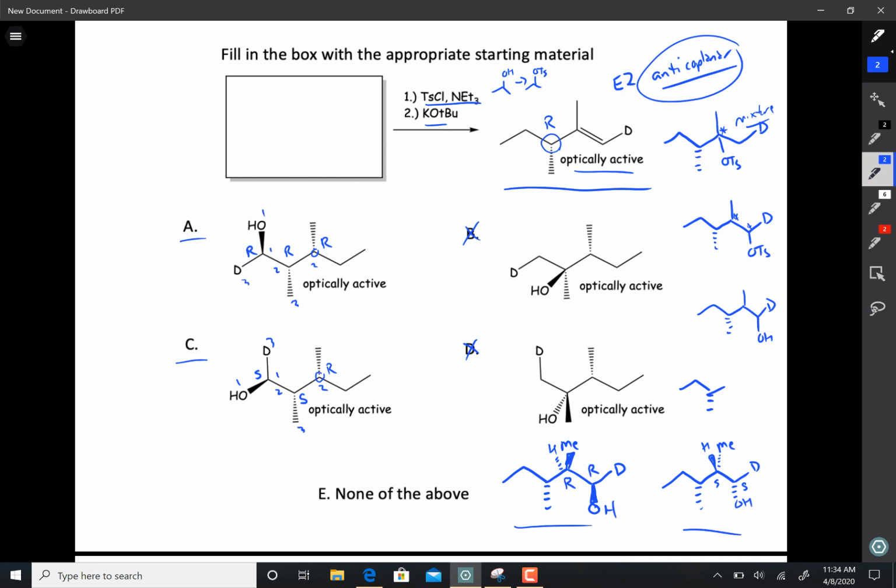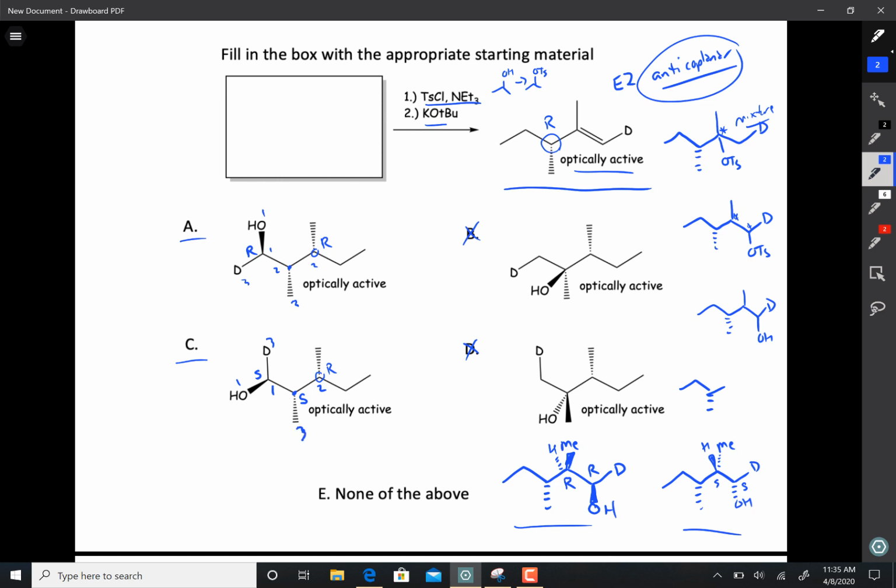And something did not work. Went about this too fast. Here we had two possibilities. Let's double check. Here this is a dash, here that's a dash here. So something was wrong when I was declaring R and S on those. Let's take a look at this a little bit slower, just to make sure. 1, 2, 3.